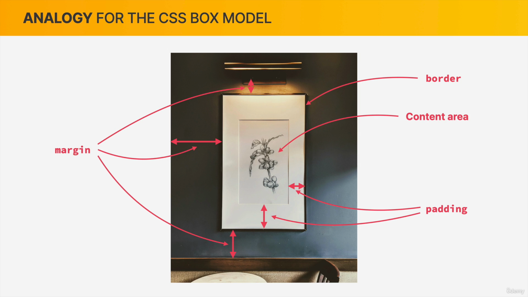So for example, there might be another frame somewhere here on the wall, and the space between those frames, so outside of them, is what we call the margin in the box model. Okay, so hopefully this analogy from the real world helps you bring these concepts back into the more abstract world of CSS. And now, just to finish, let's quickly learn how the box model actually calculates the exact size of an element based on the content, border, and padding.